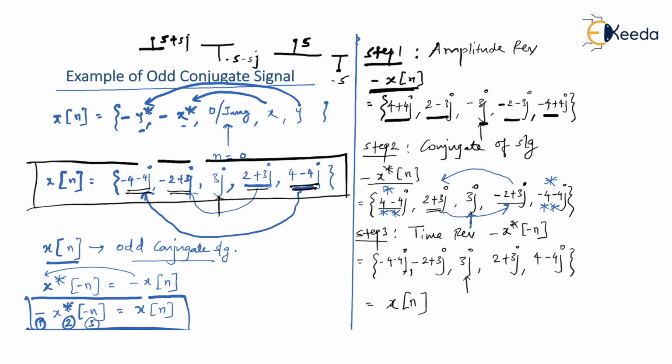So a complex signal itself will have two components inside it, that is the real component and the imaginary component. So we require one axis for real, one axis for imaginary, and a third axis for showing time. Therefore it becomes really a 3D figure which we cannot show on a two-dimensional plane. So that's the reason why we really don't see those signals as x of t. But it is quite easy to understand even conjugate signals and odd conjugate signals by studying them in the context of discrete time signals rather than studying them in continuous time signals.